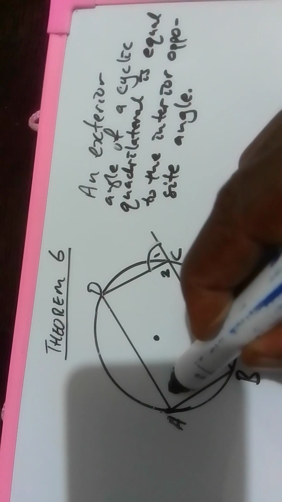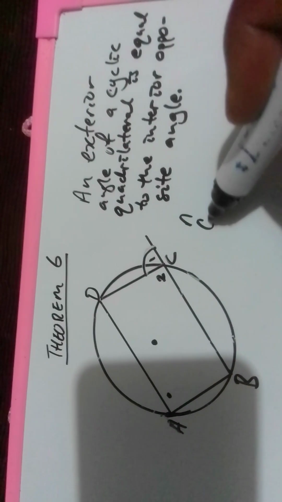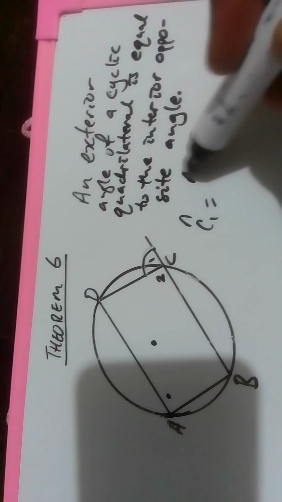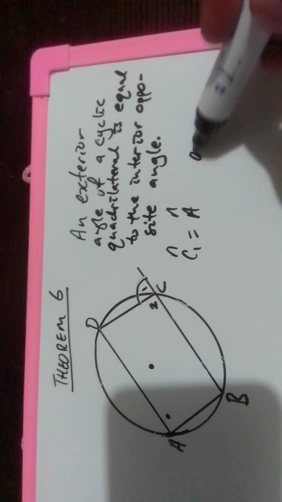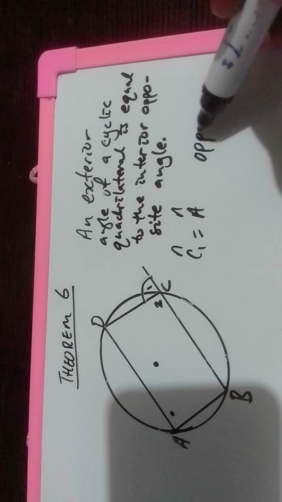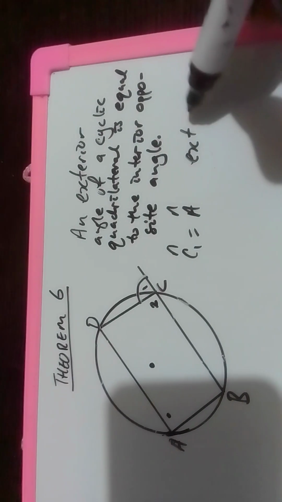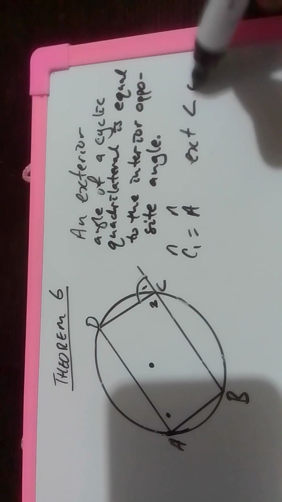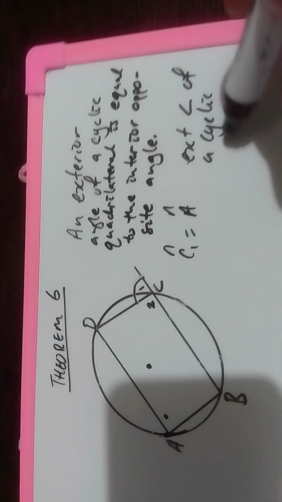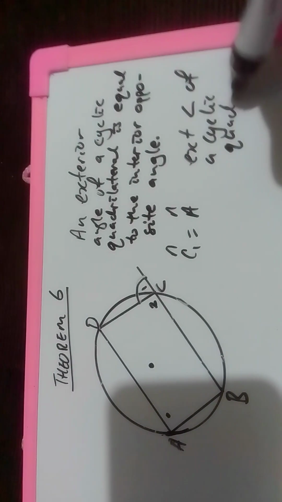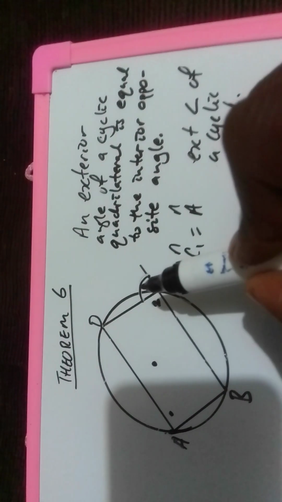It's angle A. So we're simply being told that angle C1 is equal to angle A. And our reason will be exterior angle of a cyclic quad. That is our reason.